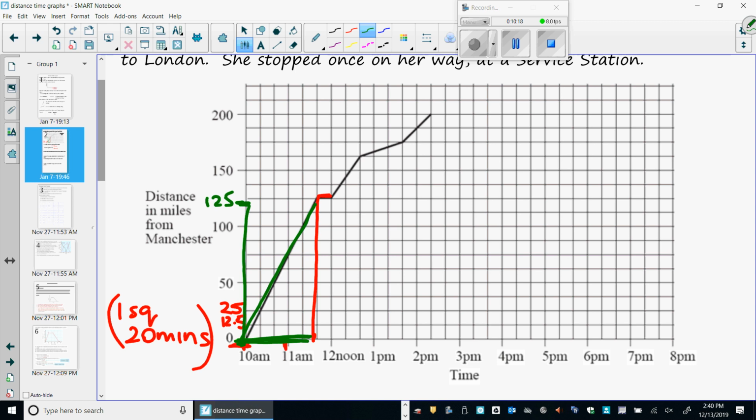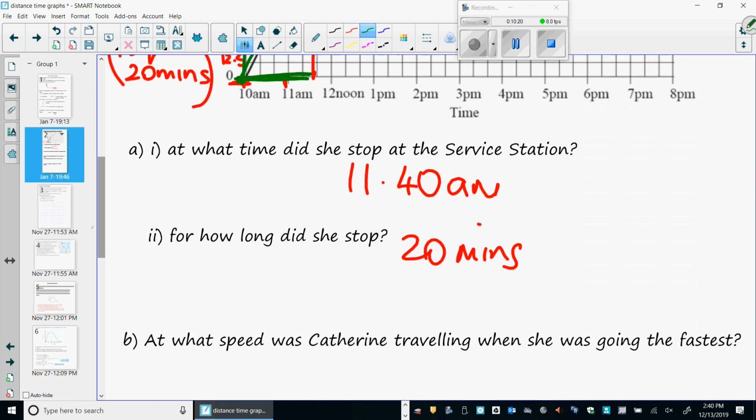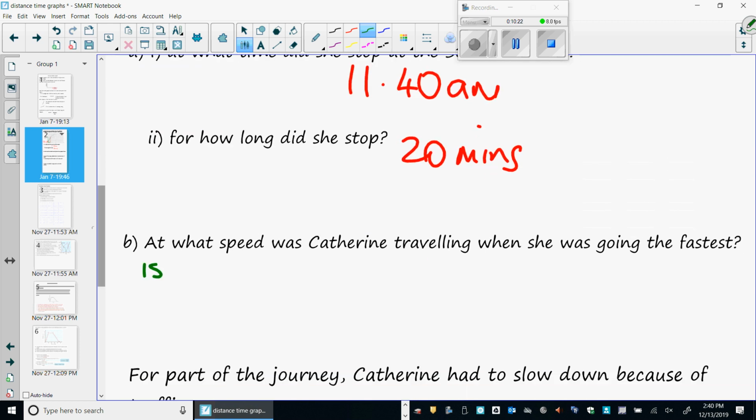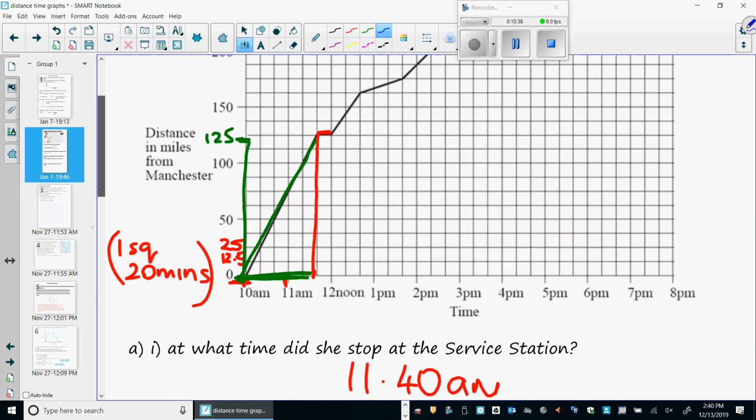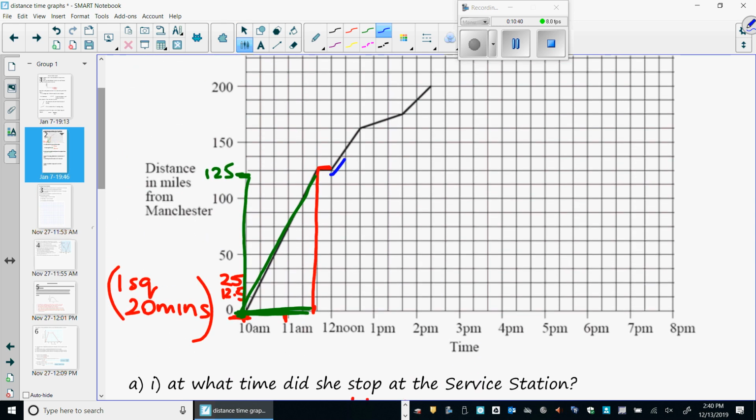So she's travelled 125 miles in 1 hour and 40 minutes. That's the green portion. I'll come back to the calculation in a second. The blue portion, just in case, let's double check. What measurement did she travel between here and here?